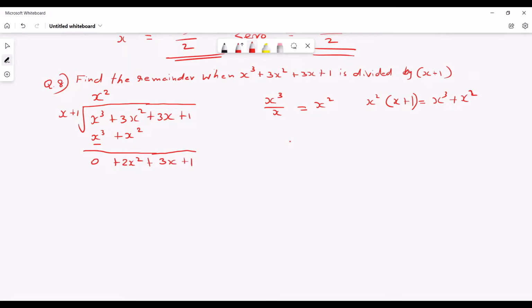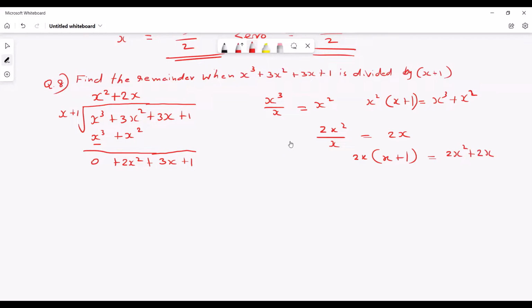Now the first term is 2x square. Divide this 2x square by x. So you are going to get 2x, and here 2x will come as the quotient. Multiply 2x into x plus 1. So 2x into x is 2x square, and 2x into 1 means 2x.